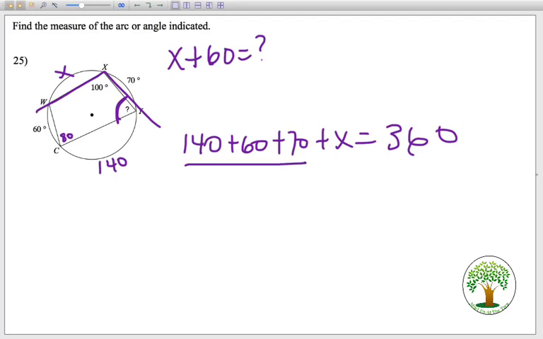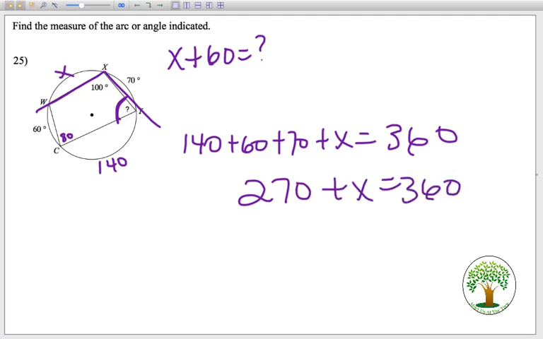That's 270 plus x equals 360. When I subtract this to the other side, I'll get x equals 90. So that means that this over here is 90.